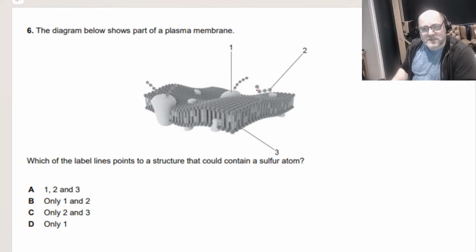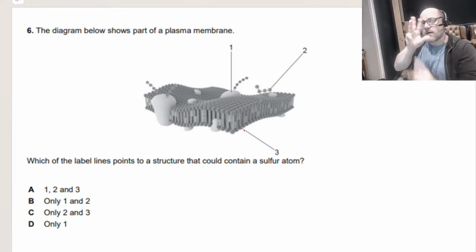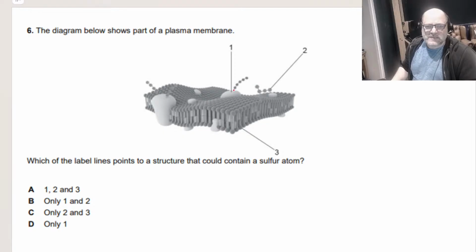Number 2 is pointing to a glycolipid, essentially the carbohydrate part. Carbohydrates contain carbon, hydrogen, oxygen. This is pointing to the phosphate head; lipids are carbon, hydrogen, oxygen, and phospholipids have phosphate. And then proteins can have disulfide bridges, so some of the R groups could contain a sulfur atom. So the answer is going to be D for this one.